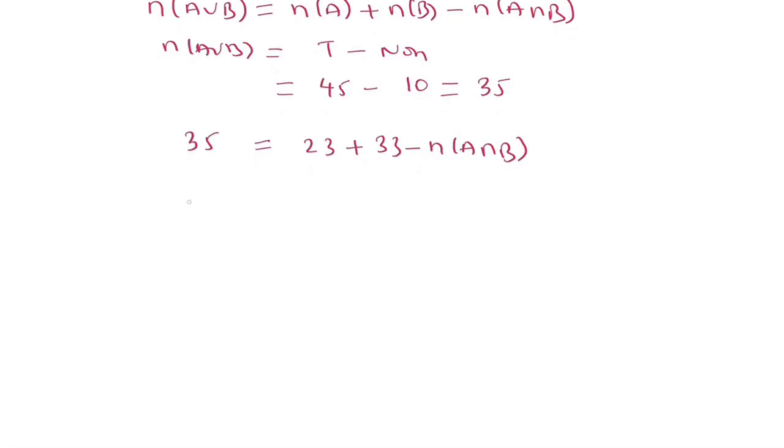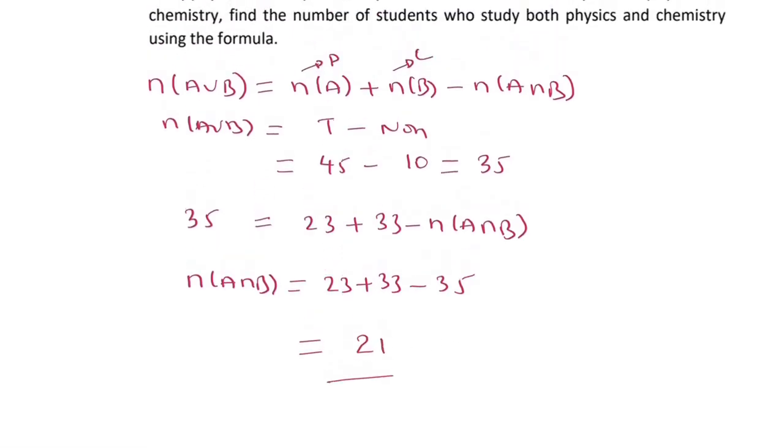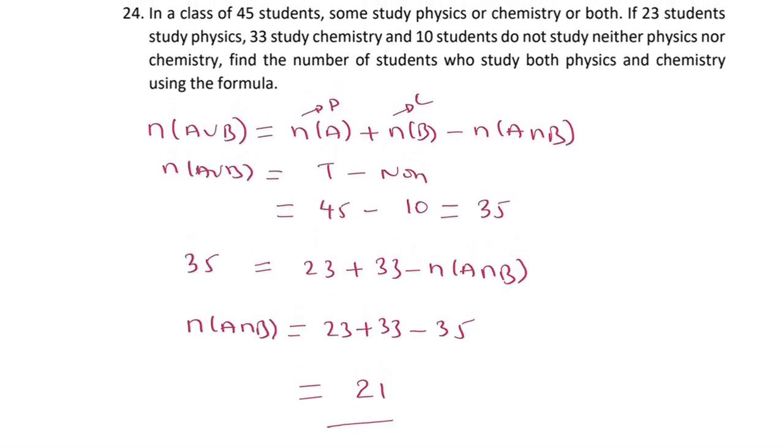Then we have number of A intersection B equals 23 plus 33 minus 35, which after solving the values, we get 21. And this is going to be the number of students who study both physics and chemistry.